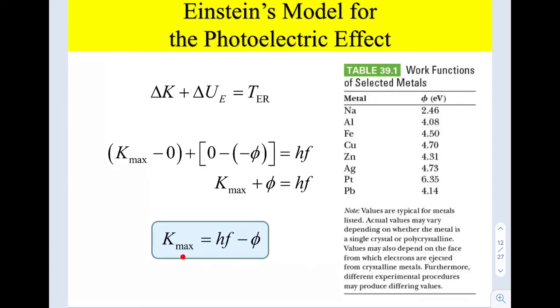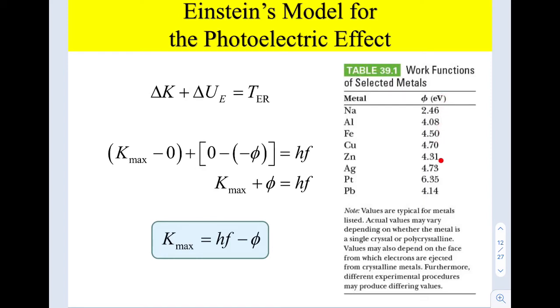So if we would like the kinetic energy maximum for our photoelectron, the ejected or emitted electron, it is equivalent to the energy within the incident photon minus the work function of the metal. Remember, work function is the minimum required energy to eject an electron from a certain metal.